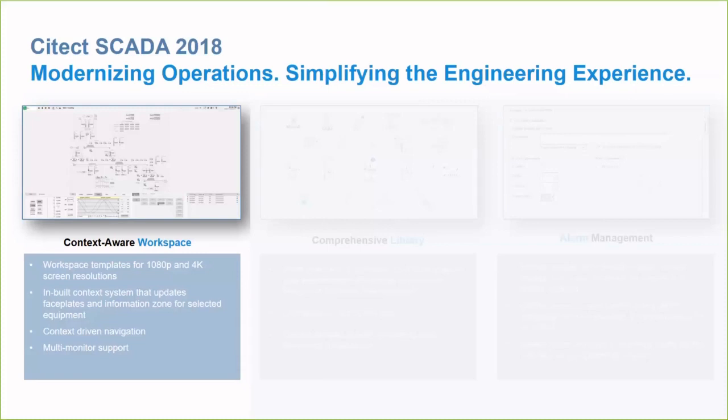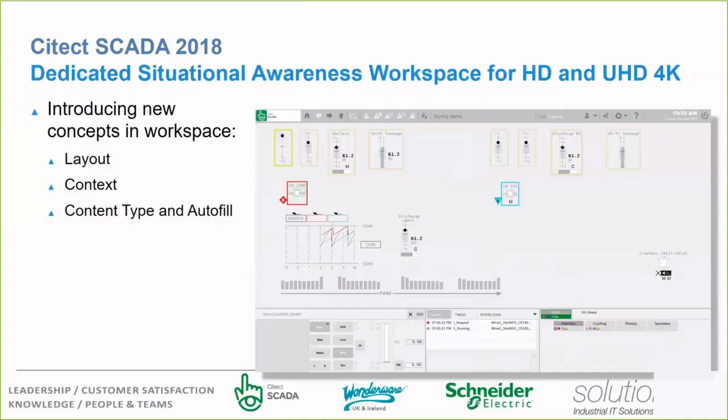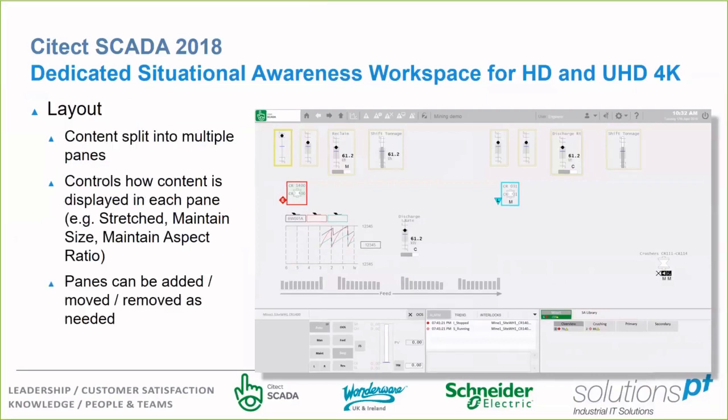So if we now just take a look at the context-aware workspace feature, we'll introduce you to some new concepts. These are layout, context, and content type and autofill. So if we look at layout, essentially our page now is divided into zones or panes.